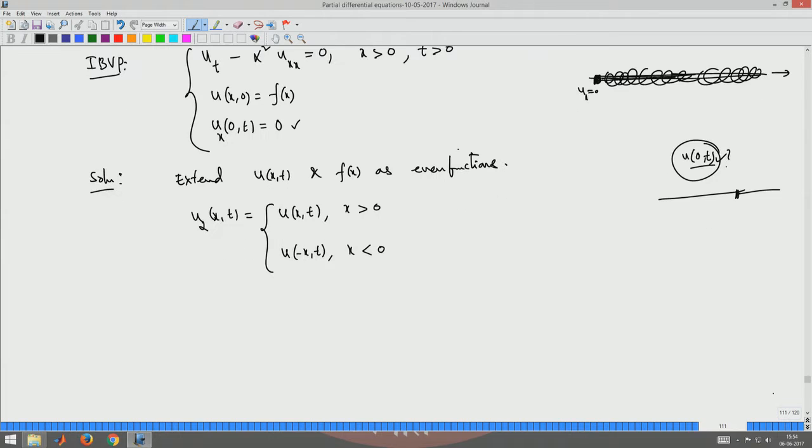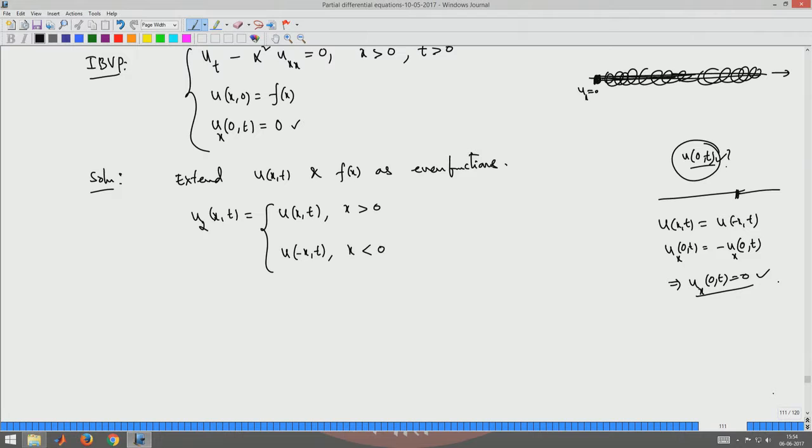But you know that because this is an even function, u of x, t equals u of minus x, t. If you differentiate and put x equal to 0, u x at 0 is the same as minus u x at minus 0, t. So, this will give you u x at 0, t equal to 0.